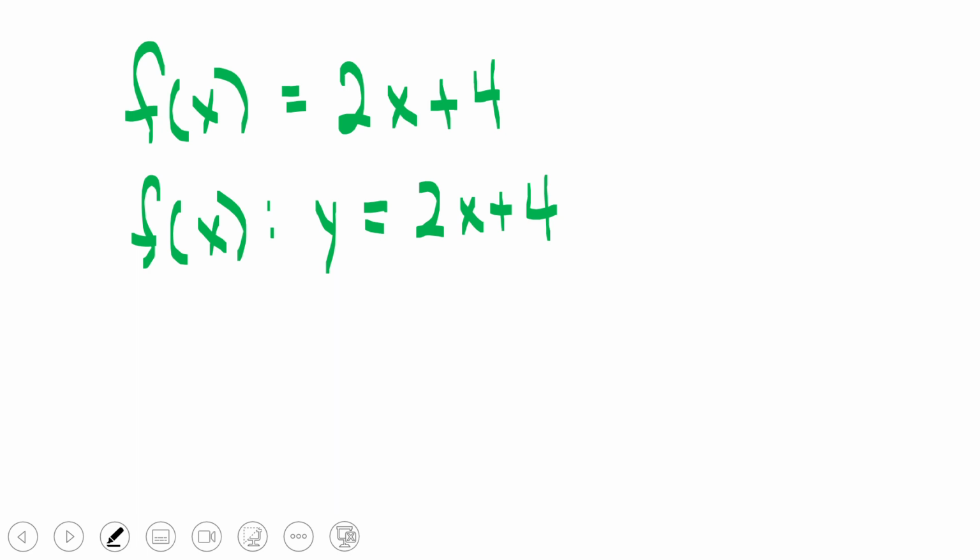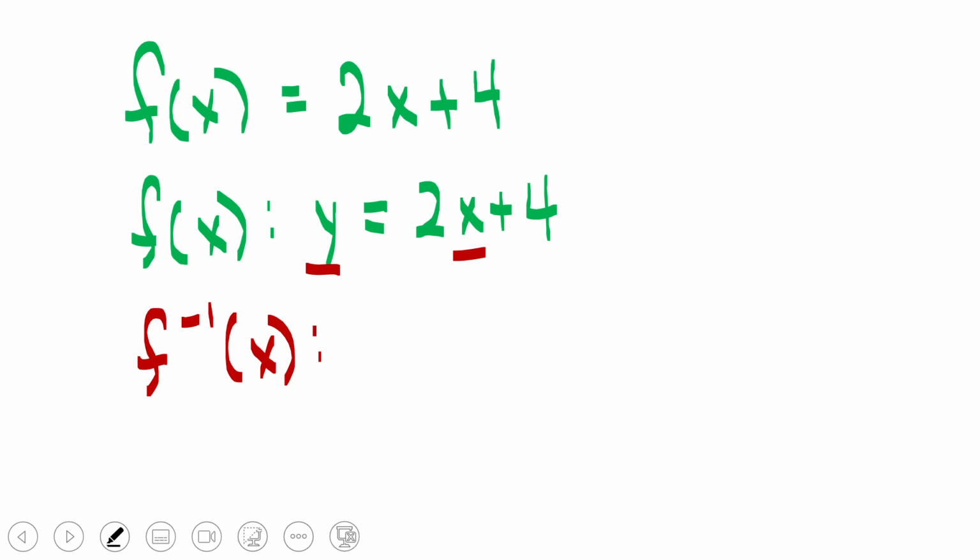Then we are going to look for f -1 of x, which is the inverse, and we have to consider where our x and y is in the original expression and switch them.